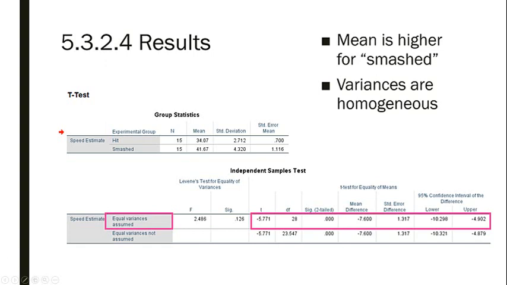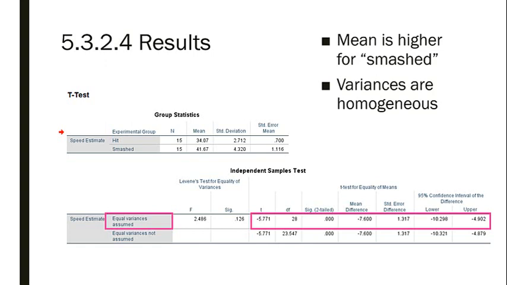We've also got a standard error on the difference and 95% confidence interval on the difference scores. Now that minus 10.298 as a lower limit and minus 4.902 as an upper limit, you'll notice that that doesn't include 0.